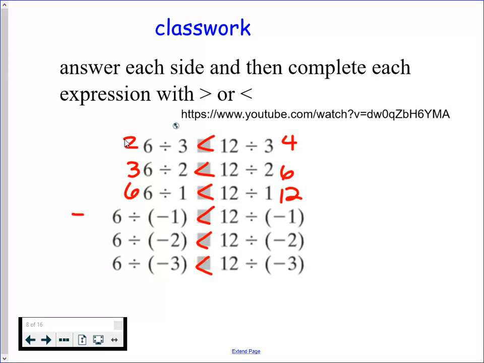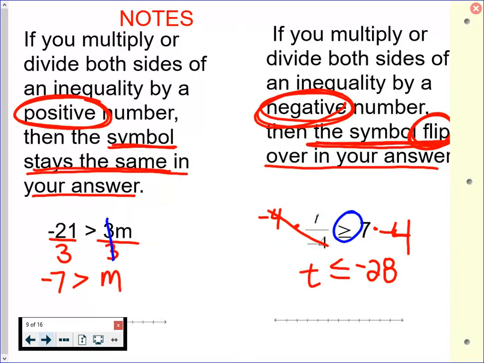But when I start dividing by these negative numbers, negative 6 is not less than negative 12. It's the reverse. It's the opposite that is bigger.